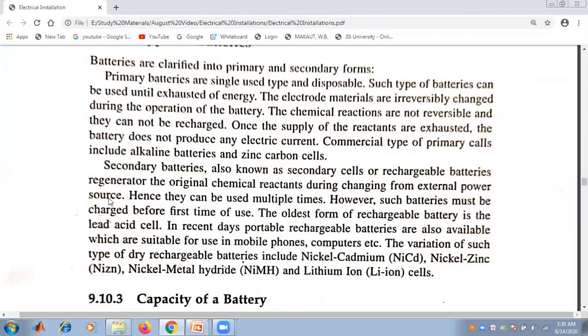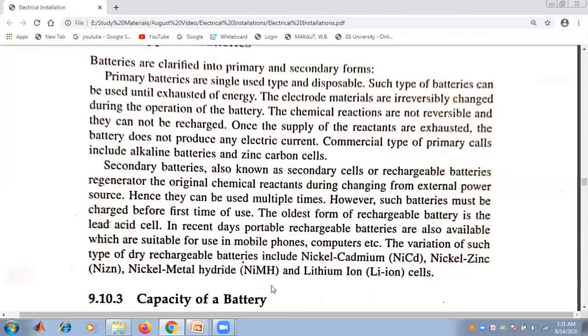Hence, that is why they can be used multiple times. The basic thing is that this type of battery must be charged before the first use.